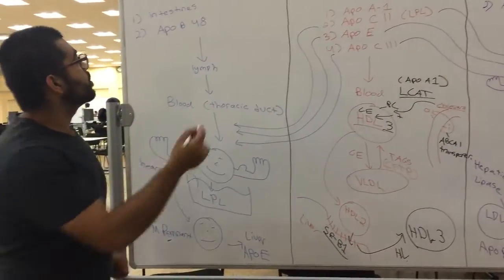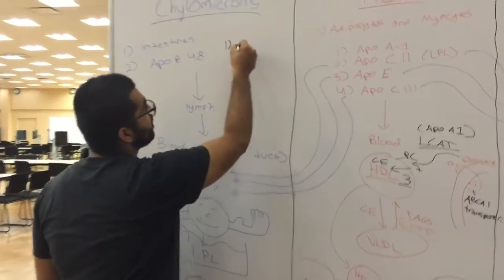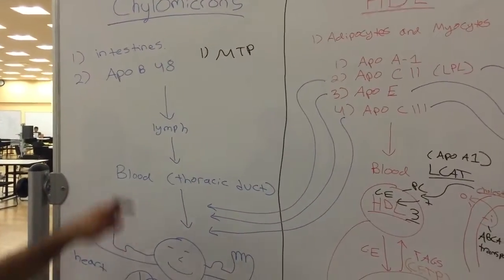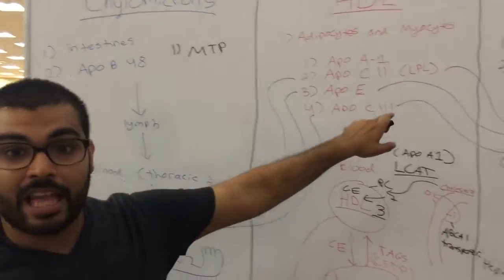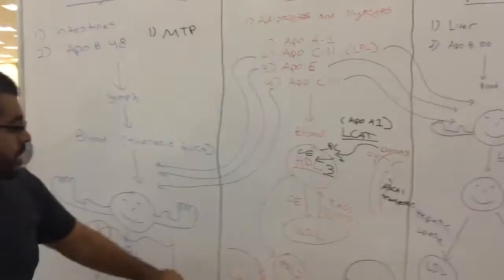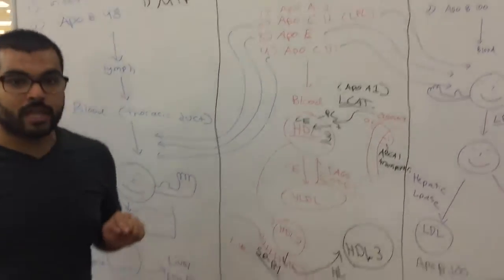Keep that in mind as well. I will write that here. MTP, its function is to recognize ApoB48 and ApoB100.